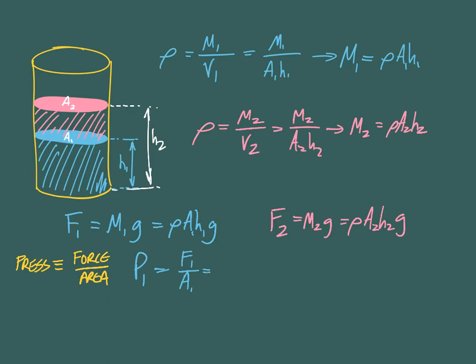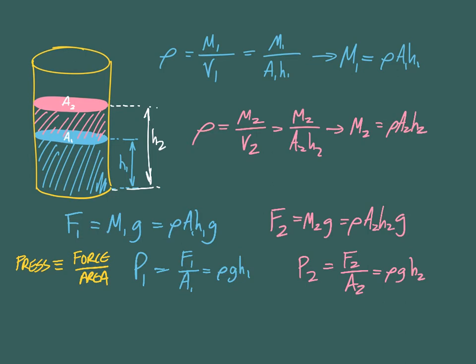And of course, that's just going to give you density, gravity, height 1. And if I do pressure 2, then it's going to be force 2 over area 2. So the area is going to drop out. And again, I get density, gravity, height 2.